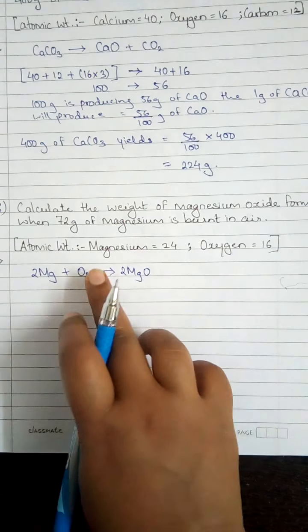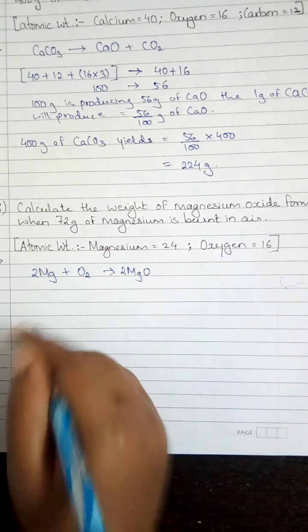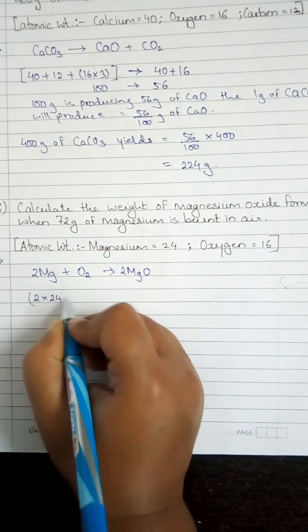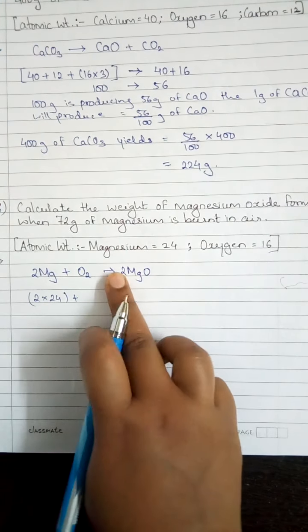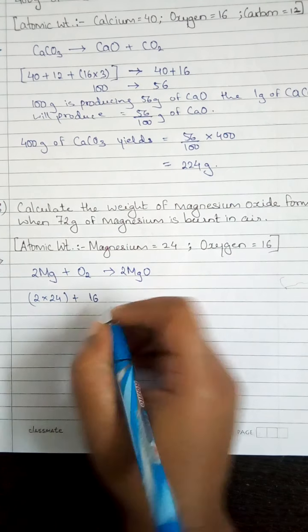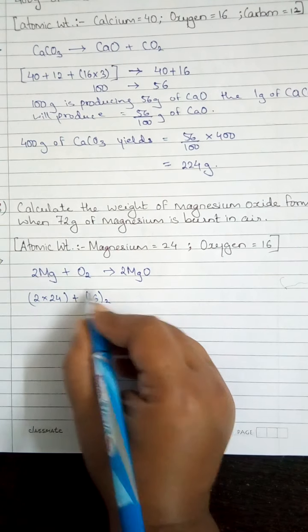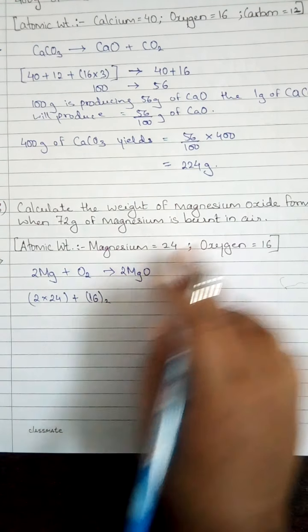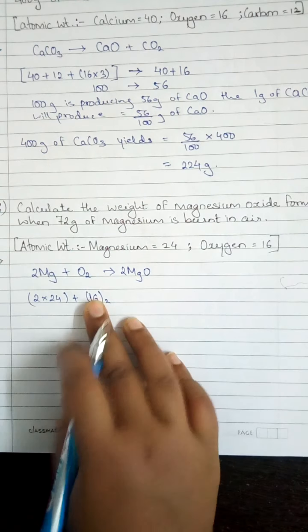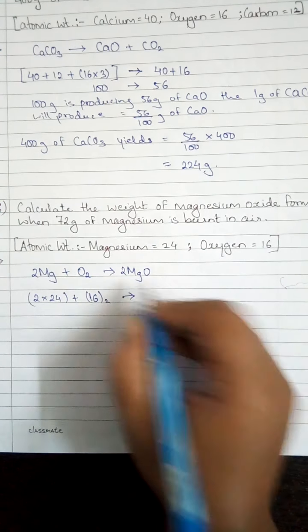Here, atomic weight of Mg is 24, so it will be 2 into 24 plus O is 16 into 2. We don't have to do anything with this because we are only concentrating on magnesium. Okay, so you can leave this O2 and we'll go straight to the product.